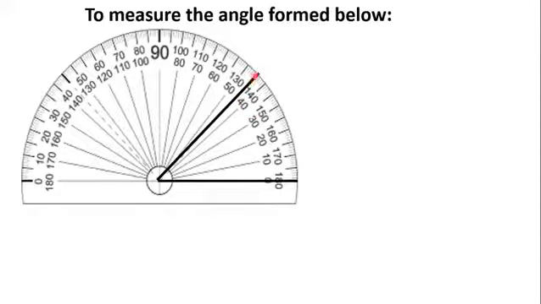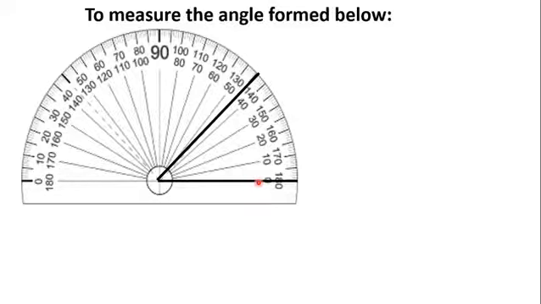All right, so here you have the side that lines up with 0 degrees in the inner scale. So I'll be using the inner scale for my measurement, because for the inner scale I have 0 here. Okay, it's important to note where you are starting your 0. That's what determines the scale that you'll be reading for your angle.